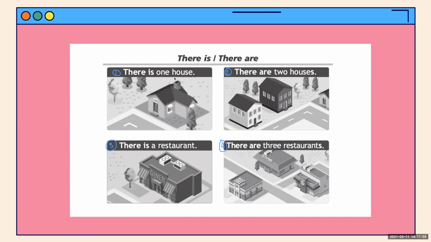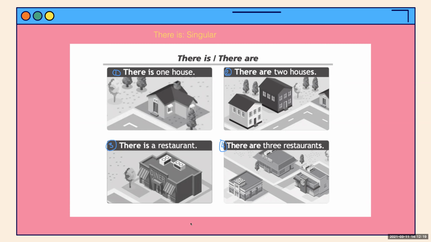So first, we want to remember, why do we use one and why do we use the other? The first thing we want to remember is there is going to be used for singular items. So here, there's only one house. There is only one restaurant.